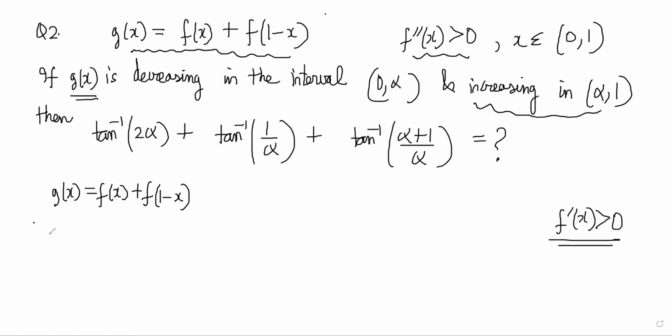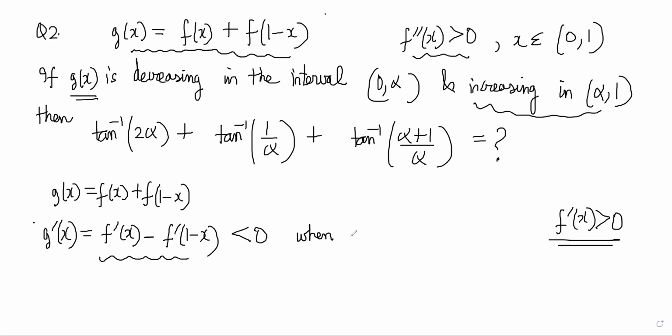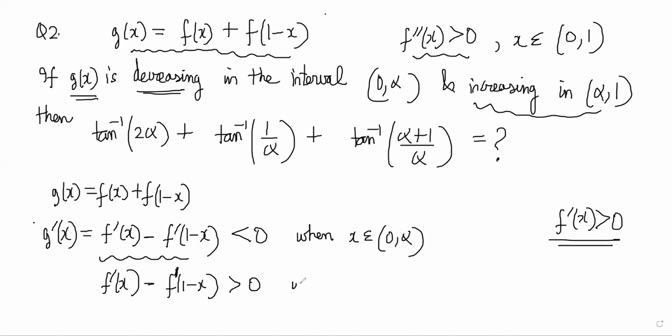So that means g dash x, which is equal to f dash x minus f dash 1 minus x, is less than 0 when x belongs to 0 to alpha because it was decreasing, and g dash x is greater than 0 when x belongs to alpha to 1, right?